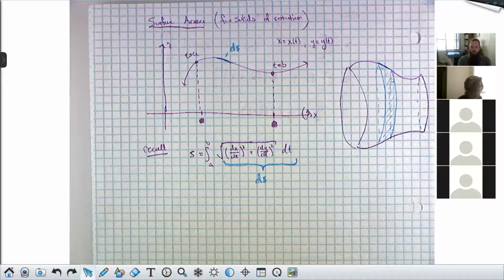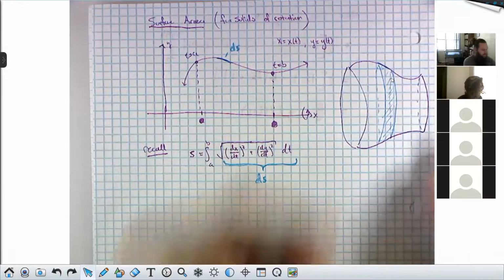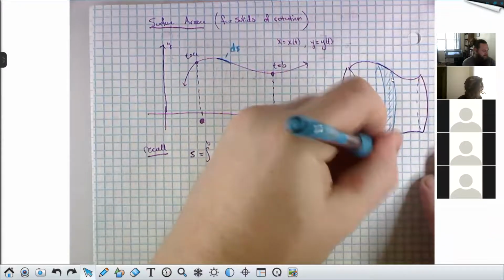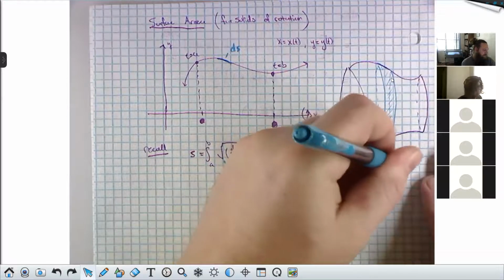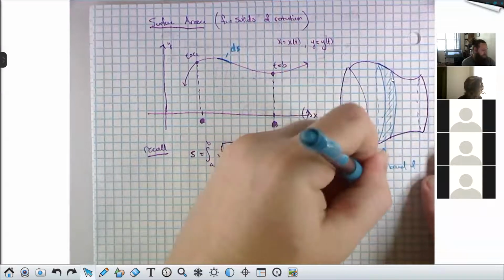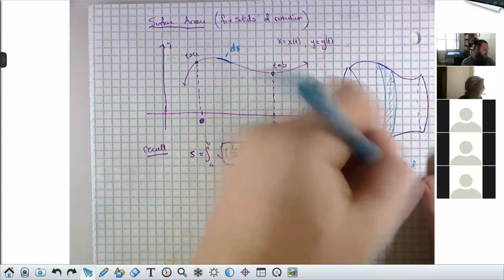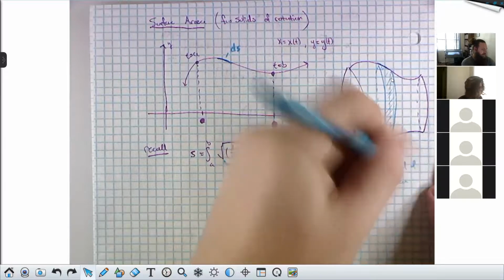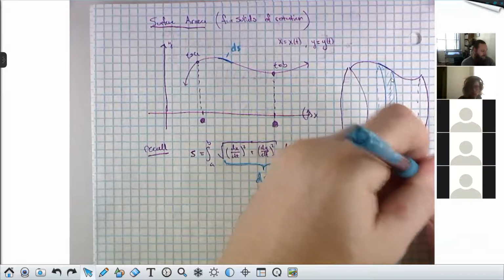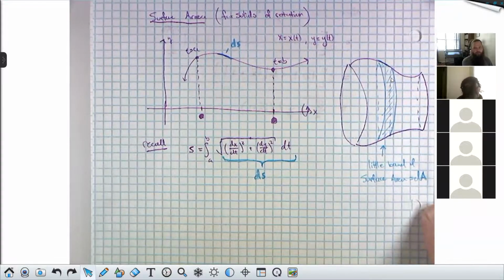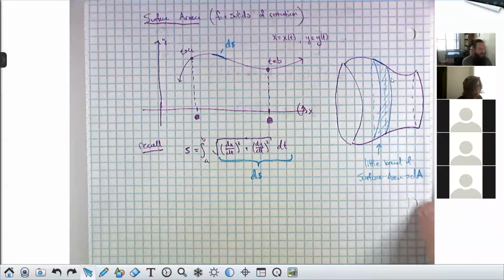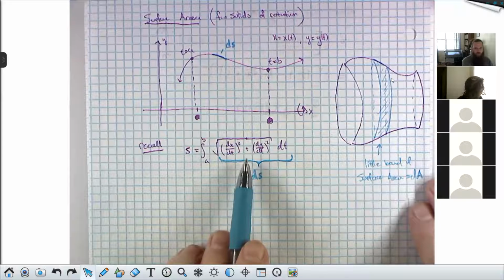I'm going to cut and unroll. So I'll call this little band of surface area dA, right? Differential area. And I'm going to give it to you in terms of ds.